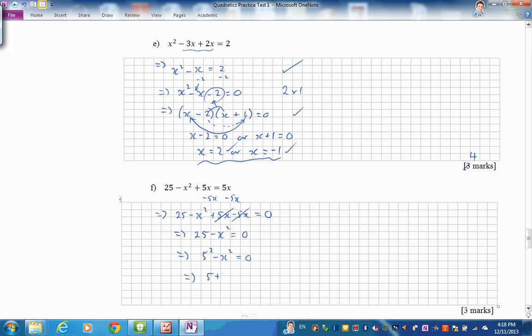So it's 5 plus x, first plus the second, first minus the second. So we can then say either 5 plus x is naught or 5 take x is naught. So x is negative 5 or x is 5. Okay, fair bit of work for 3 marks. Let's make it 1 mark there for rearranging, and then 1 mark for factorising, and 1 mark for the 2 solutions. I'll leave that one at 3.